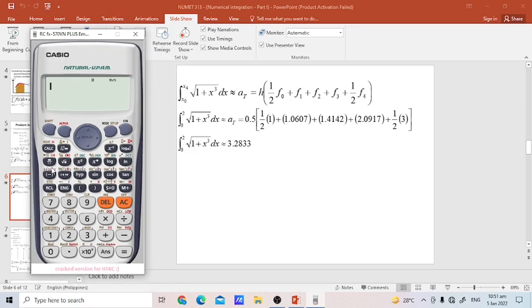So we have the integral of square root of 1 plus x cubed, limits from 0 to 2.